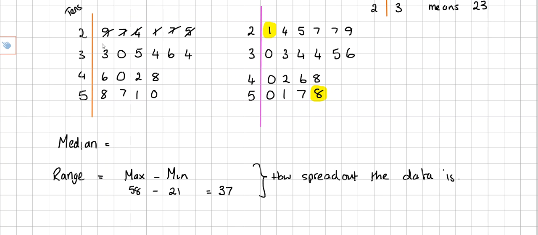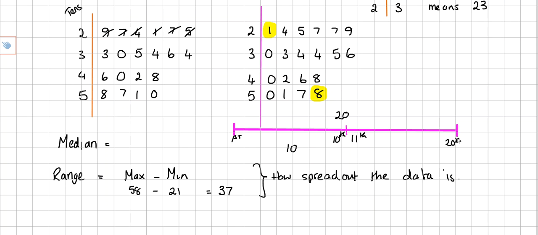If I split 20 numbers into 2 bits, how many on either side? 10. So I've got the first number up to the 10th number, and then the 11th number up to the 20th number. So there's 10 numbers on each side, right?